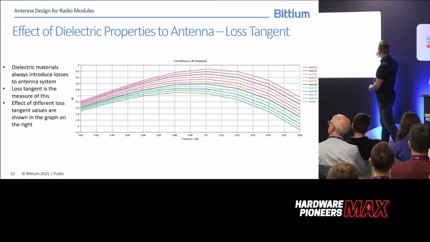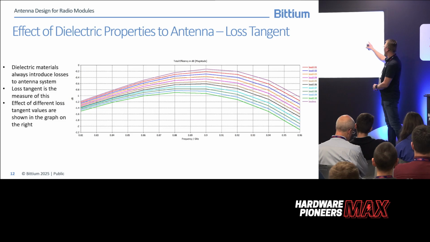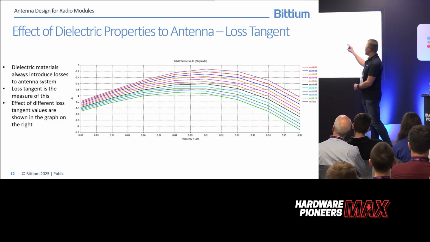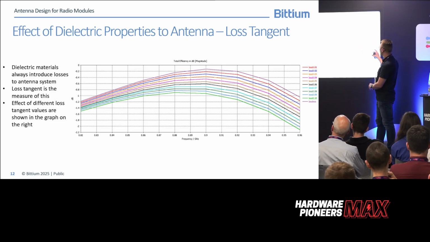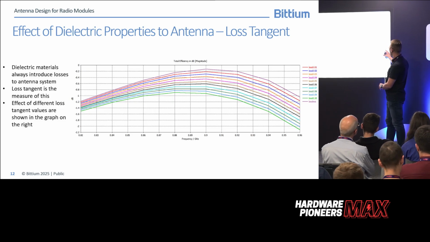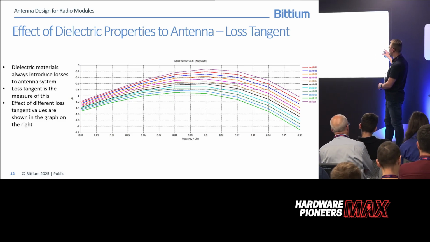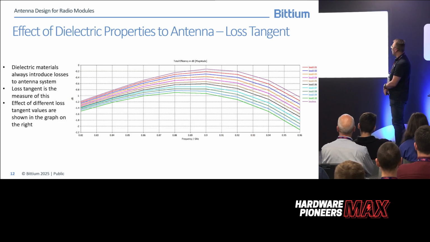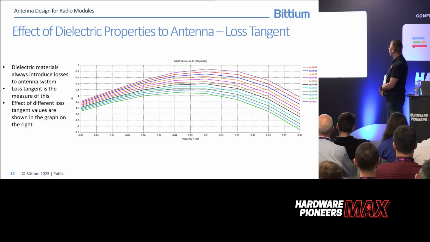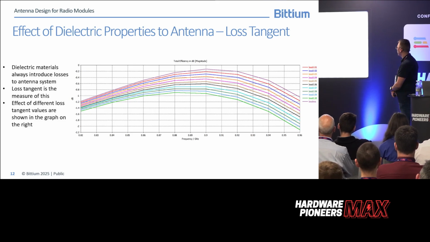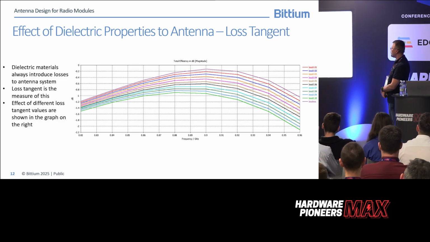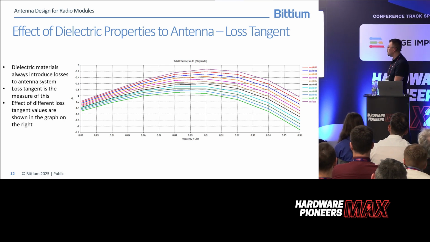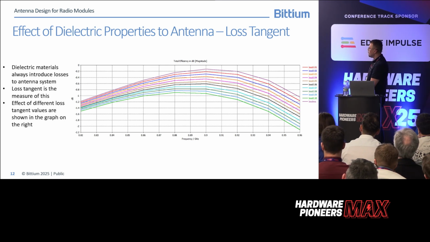First of all, it has been simulated in a lossless environment, but as soon as you have dielectric material in close proximity, or the antenna has been adhered to plastic, you introduce losses to the performance, and already with a loss tangent of 0.01, you are losing like 0.1 to 0.2 decibels of your antenna performance. And the higher the loss is, the more losses to your antenna come.